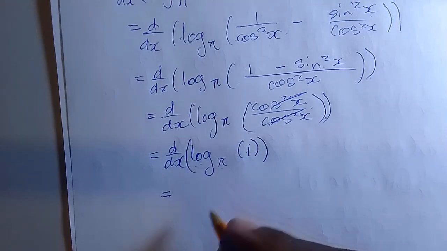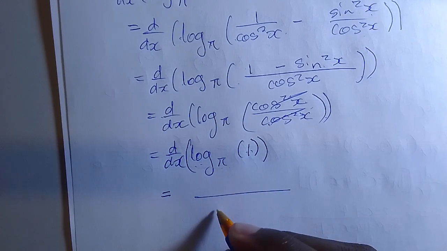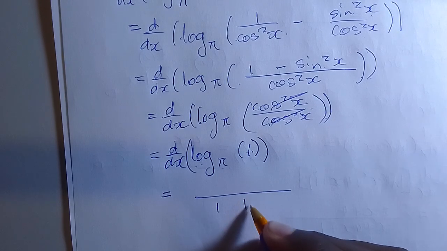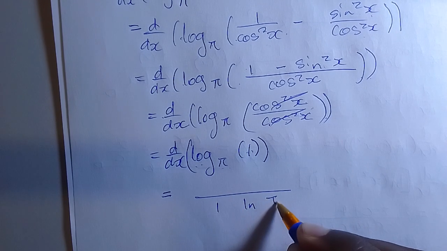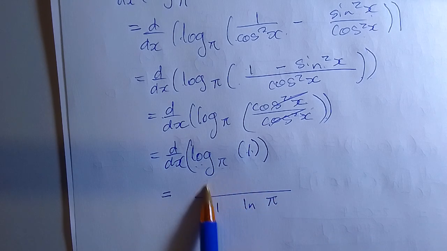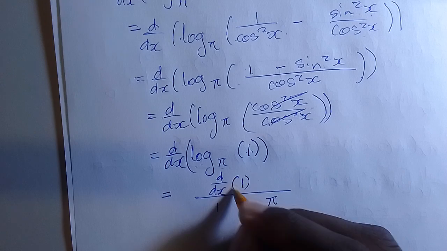So to use the same rules, you put f of x on the denominator. f of x would be 1 in this case. And then you'd say ln pi. And then on the numerator, you'd put the derivative of 1, right? d/dx of 1.